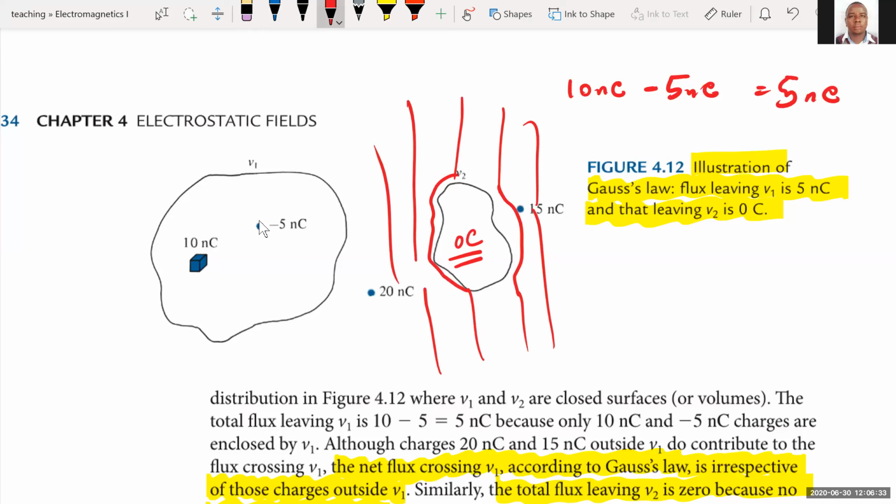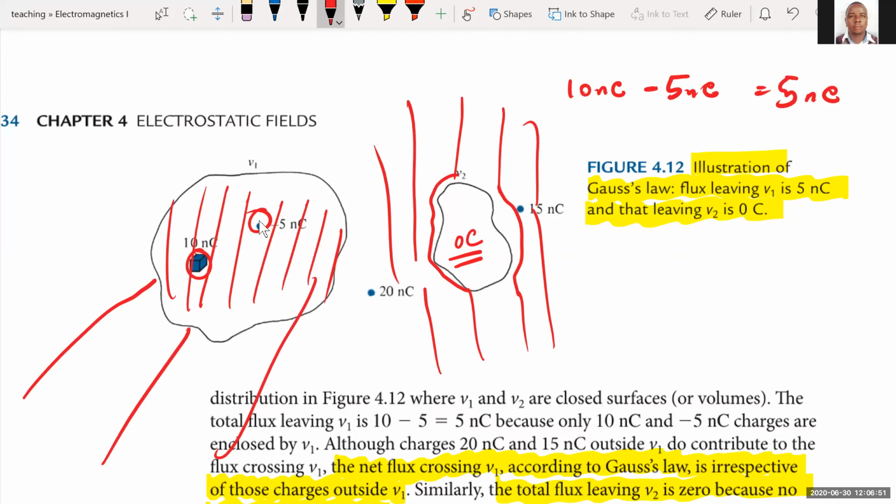So I normally use the example of a wall that has 2 holes, like you can see there. If you shine the light along this direction, the amount of light that will come out is only equivalent to the light that can pass through the 2 holes that are there.